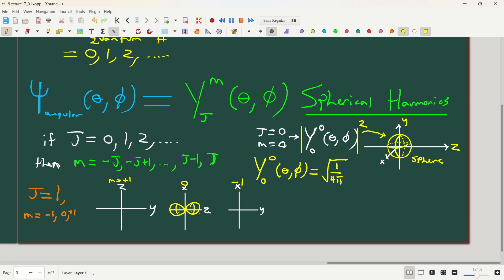The +1 looks like the same thing, but it's along the y-axis instead. Sorry, I'm having problems with my pen. There we go. And the -1 is along the x-axis. Symmetry axis.